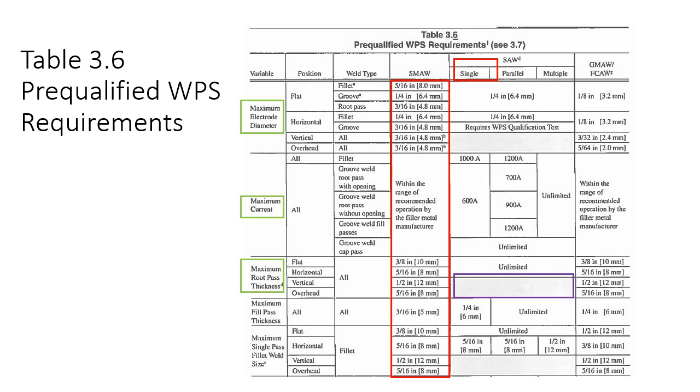You're not going to run shielded metal or submerged arc welding in the vertical or overhead position. So some of these are just left blank if it's not possible to do it with that process. Vertical and overhead for submerged arc welding isn't going to happen. But if the process you're using has a variable listed and it's in a position that you're going to use it in, you need to address it.